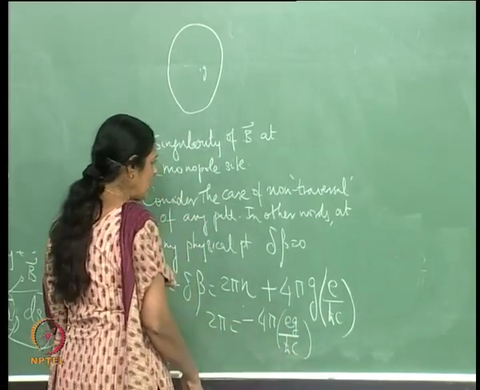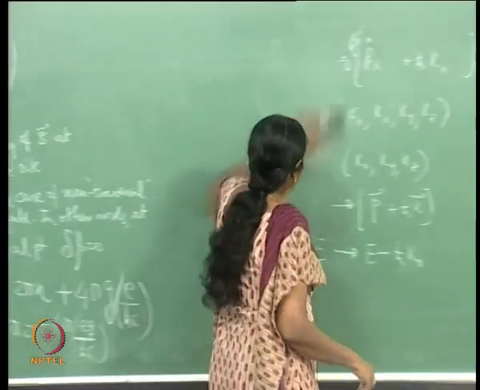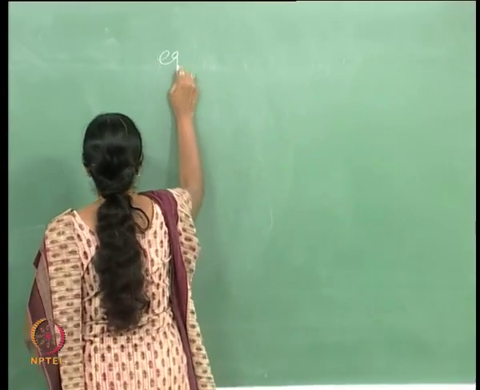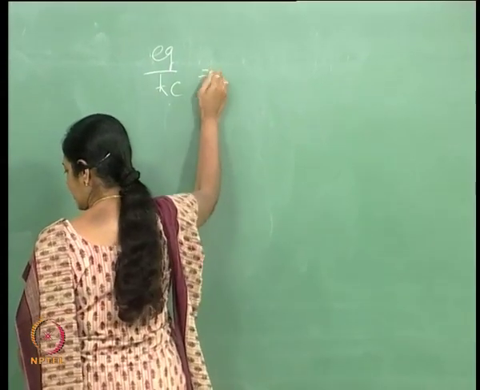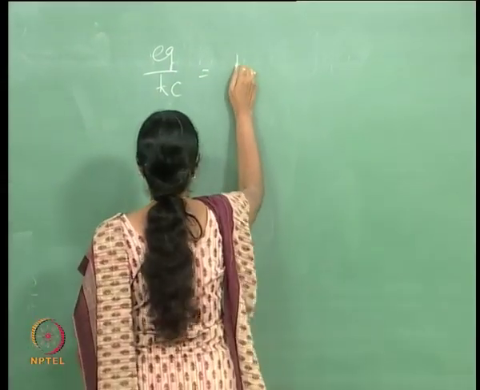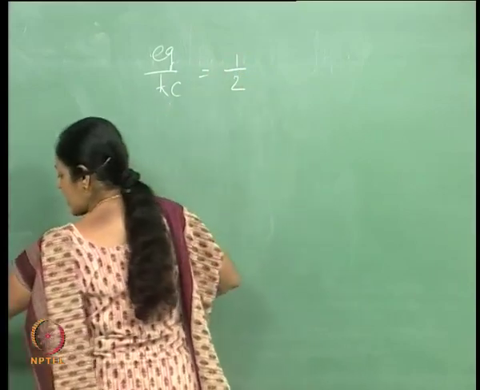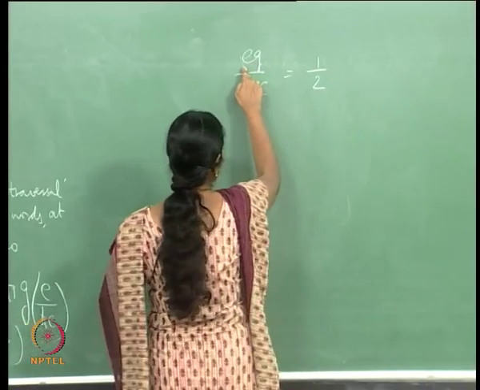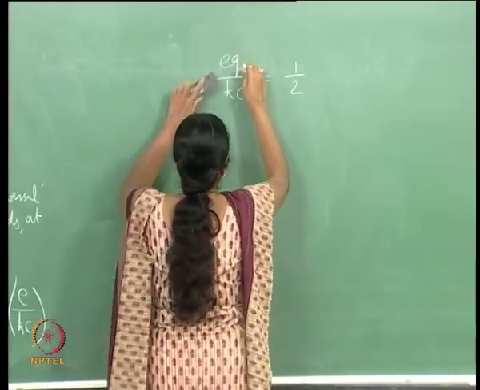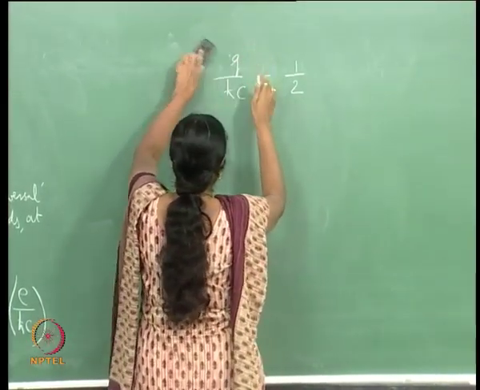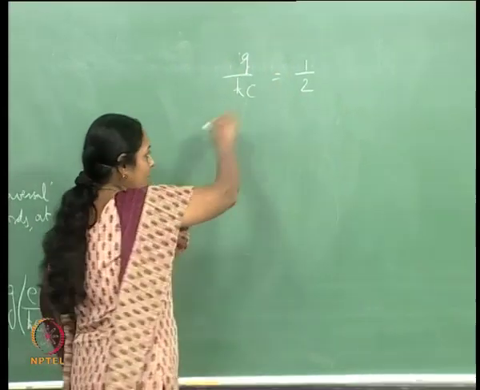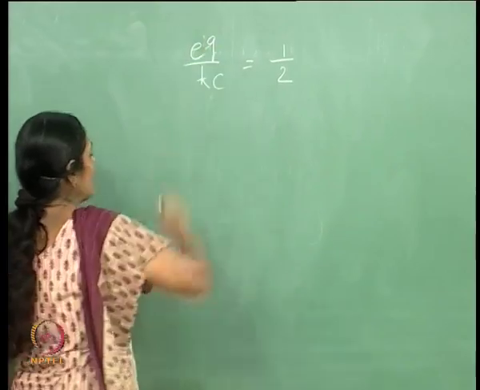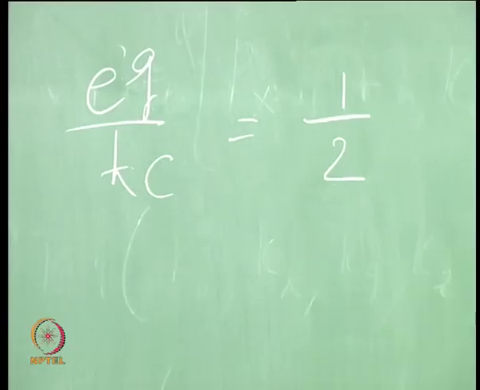So I have eg by h cross c getting quantized now because eg by h cross c is now equal to half. I have set n equals 1, otherwise I will have an n by 2, and suppose I look at this as the electron's charge. So if I am talking about an electron, I would have had a minus e, and that would have cancelled the minus sign here. So in fact I just have eg by h cross c equals half.